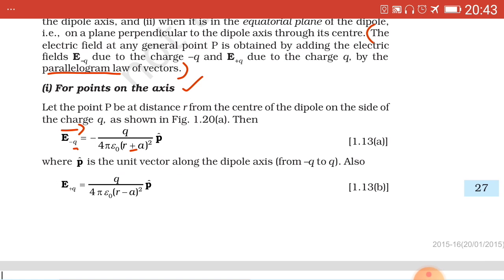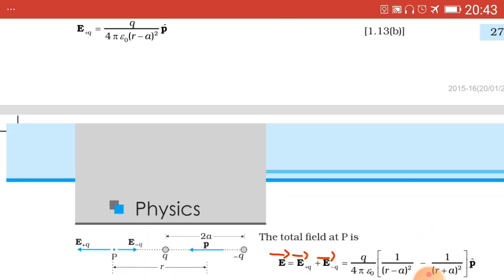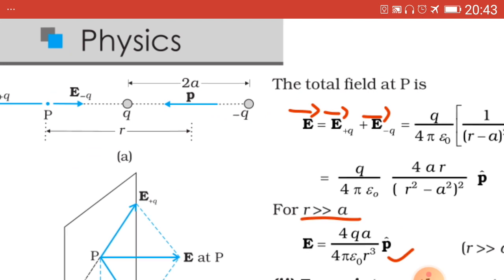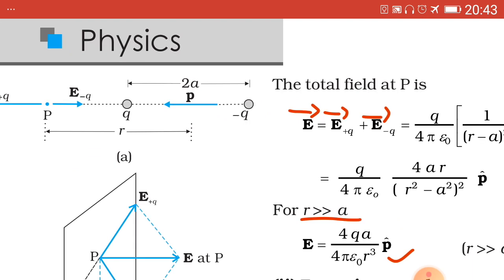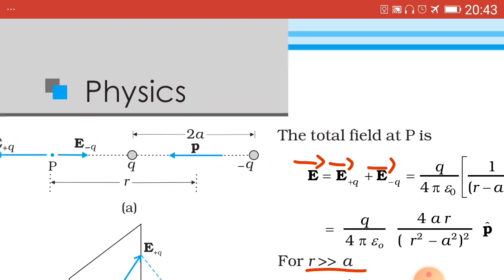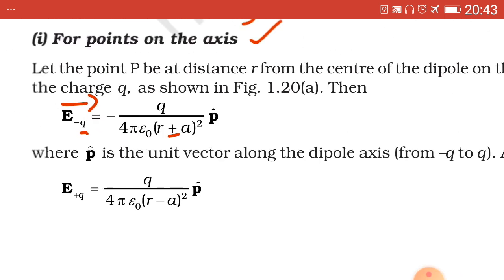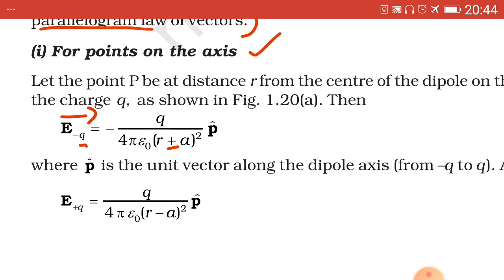1.20 A part, which is shown here in A part. This one. Now we write the equations using Coulomb's law.